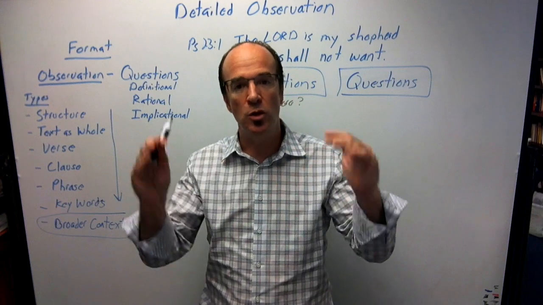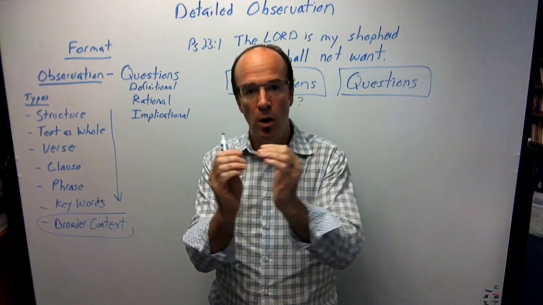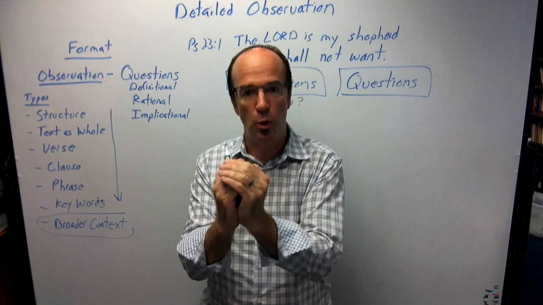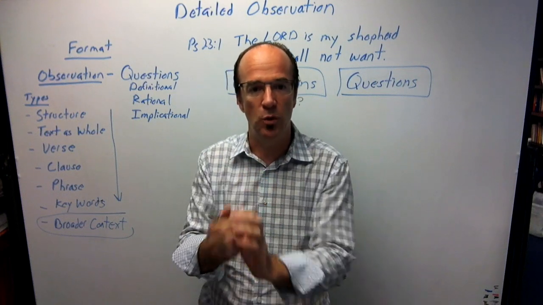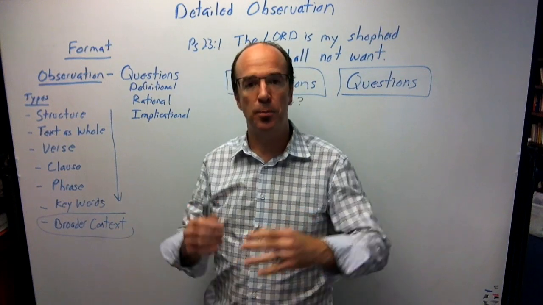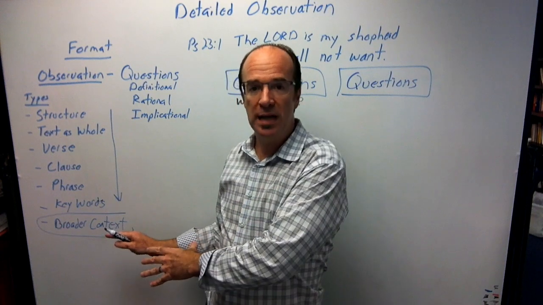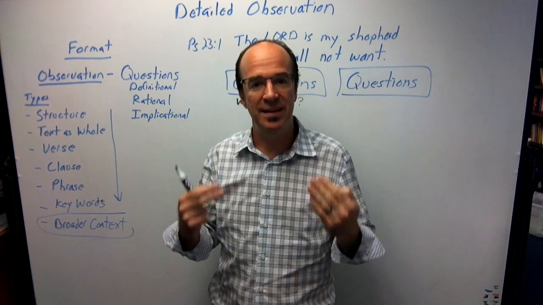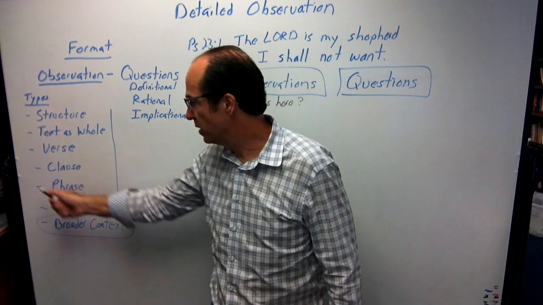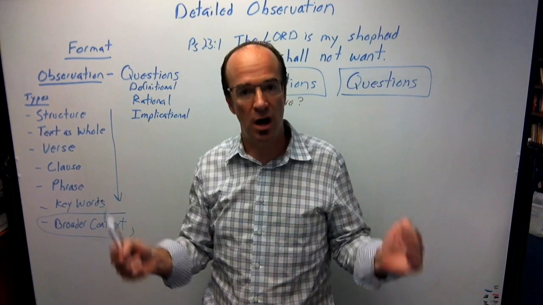But you want to make sure that you look at the text through multiple levels, the whole all the way down to the tiniest portions, which would be individual key words. And I would also suggest that you think about the broader context and make a few observations. Don't get bogged down here because the purpose of a detailed observation is to look carefully at the whole text, but observe the broader context.